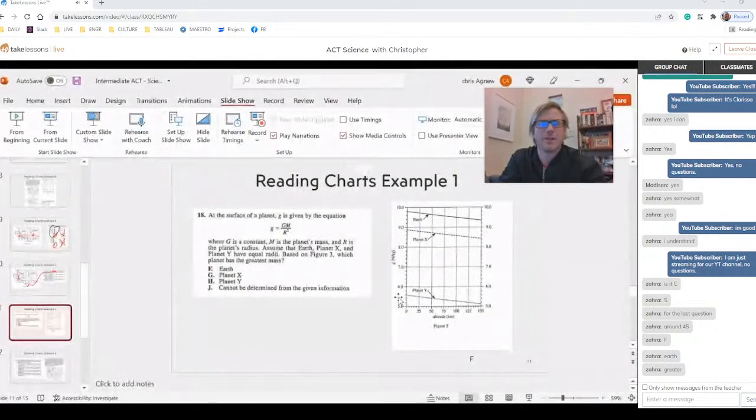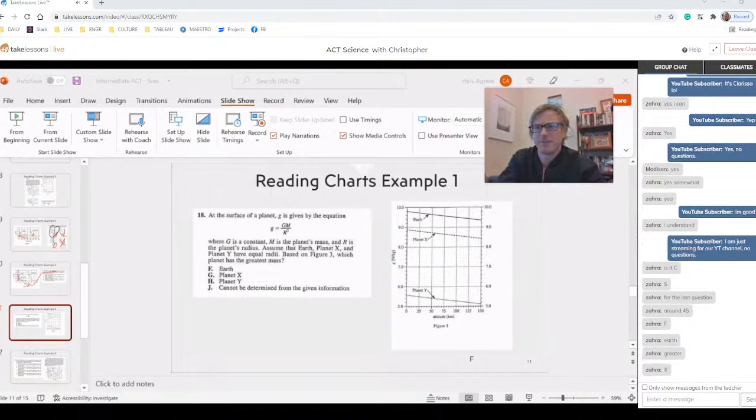Zara, perhaps you have a theory. Who has the biggest g value? Any idea? Are you a little stumped? Question mark is a valid form of expression.